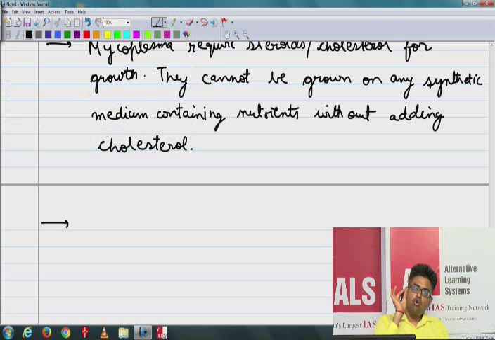mycoplasma is the smallest known living cell, and the record of the smallest cell among mycoplasma goes to Mycoplasma gallisepticum or Mycoplasma genitalium, and this bacteria is found in sterile males. Yes, this Mycoplasma is responsible for sterility of males, and it was discovered incidentally. So it is quite possible that sterile males might be suffering from Mycoplasma infection, and in such a case they can be treated by giving them an antibiotic dosage.